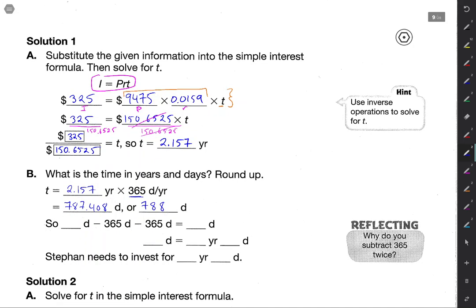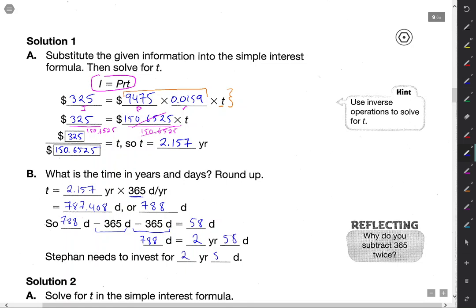Now in this next part, they're converting it to how many years and how many days. So if we have 788 days and we subtract 2 years from it, so there's 365 days in each year, we would be left with 58 days. Therefore, 788 days is equal to 2 years and 58 days.